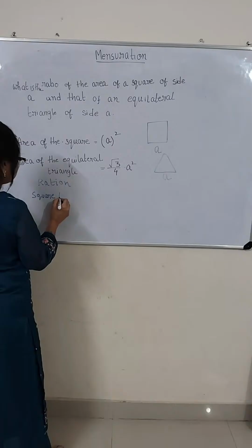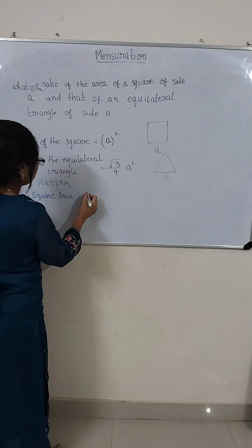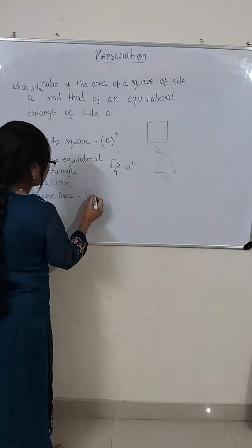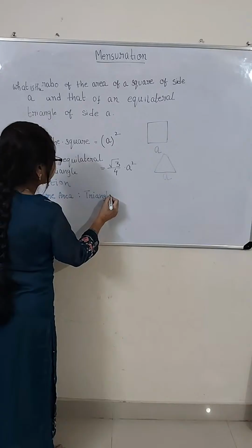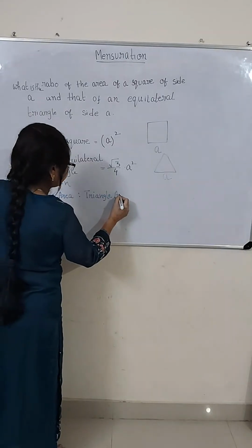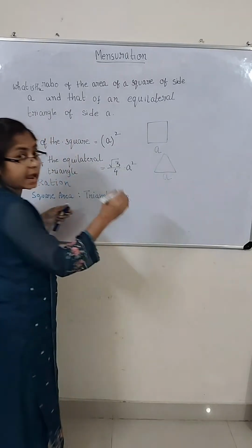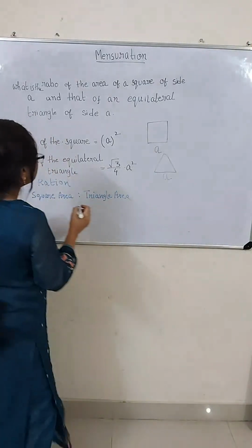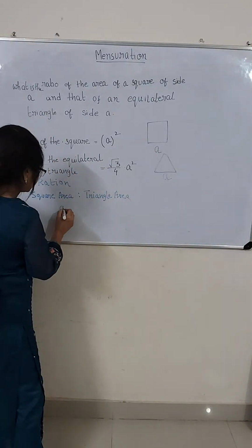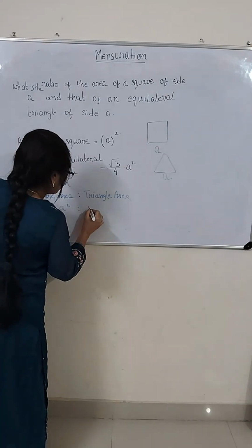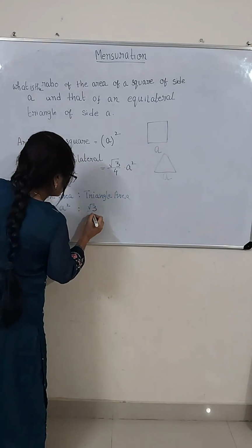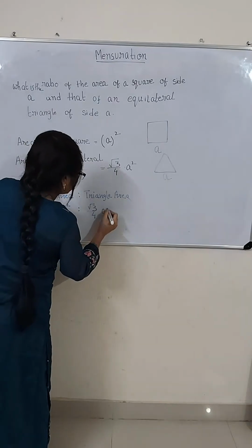Square area is to triangle area. You just apply the formula. This is A square is to root 3 by 4 A square.